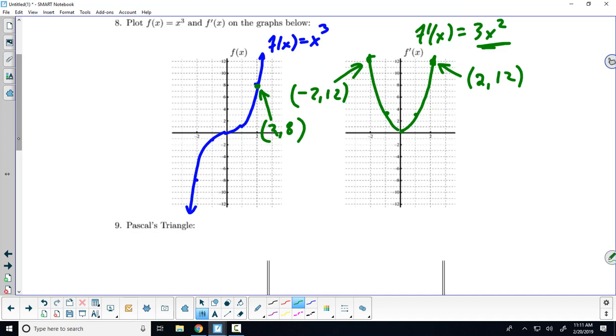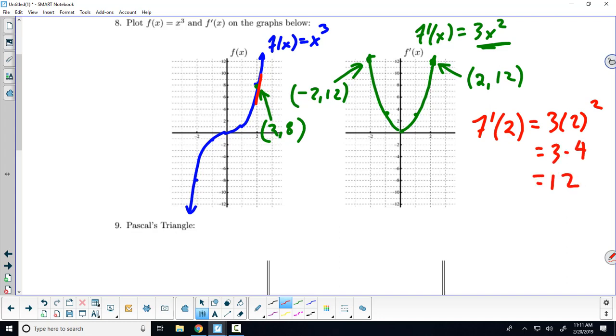So if I want to find the slope of the tangent line right there, I'm going to plug 2 into the derivative, because that's the x coordinate. So f prime of 2 would be 3 times 2 squared, which is 3 times 4, which is 12. So the slope of the line right here is 12, and that's reflected in the fact that the derivative outputs a value of 12 there. Thanks for slowing me down.